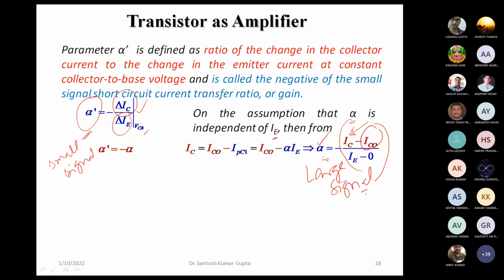Small signal and large signal current gains are almost the same here, because alpha is independent of IE.